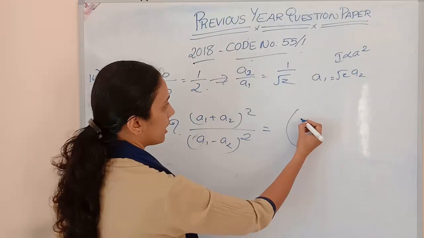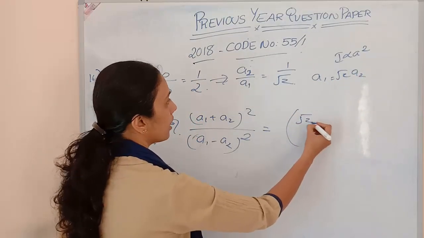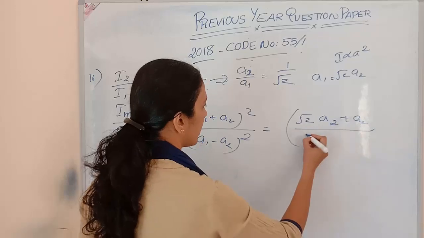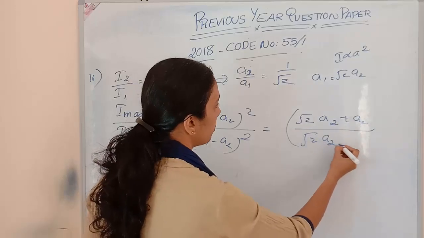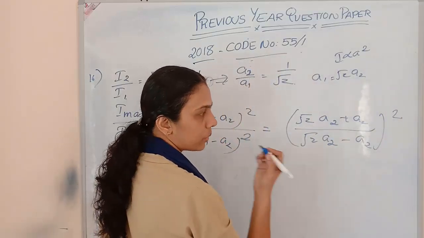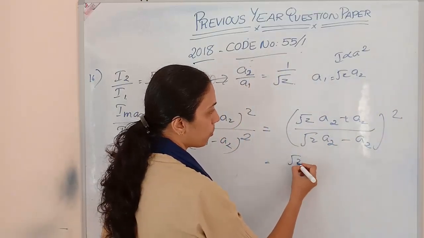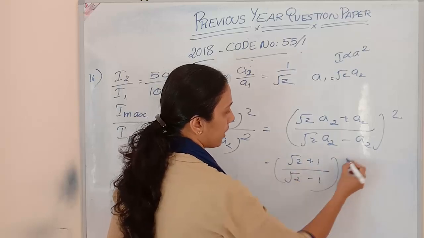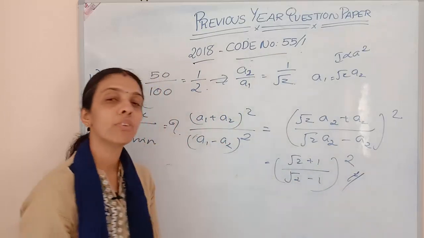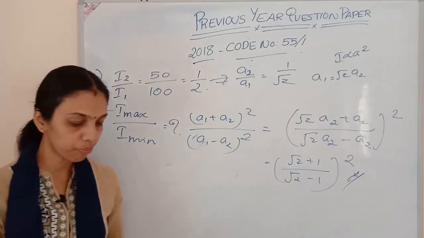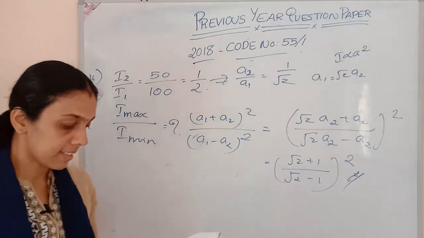So instead of A1 we write root 2 A2 plus A2, divided by root 2 A2 minus A2, the whole square. A2 and all will get cancelled. So (root 2 plus 1) divided by (root 2 minus 1), the whole square. This is the ratio of maximum and minimum intensity.